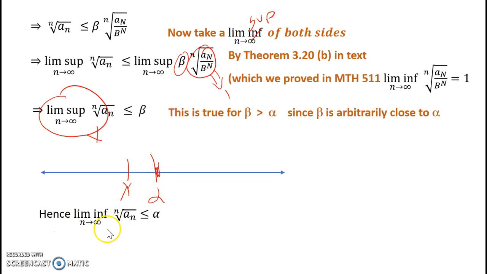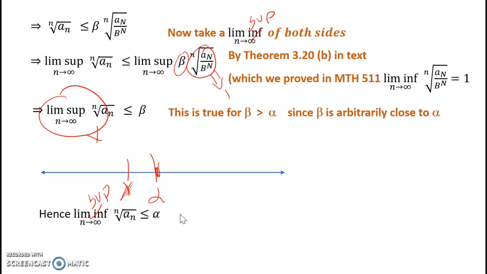implying this statement here that the limit supremum as n approaches infinity of the nth root of a sub n has to be less than or equal to alpha. That limit here is expressed by the x on the number line that I've demonstrated, which we can see is less than alpha.